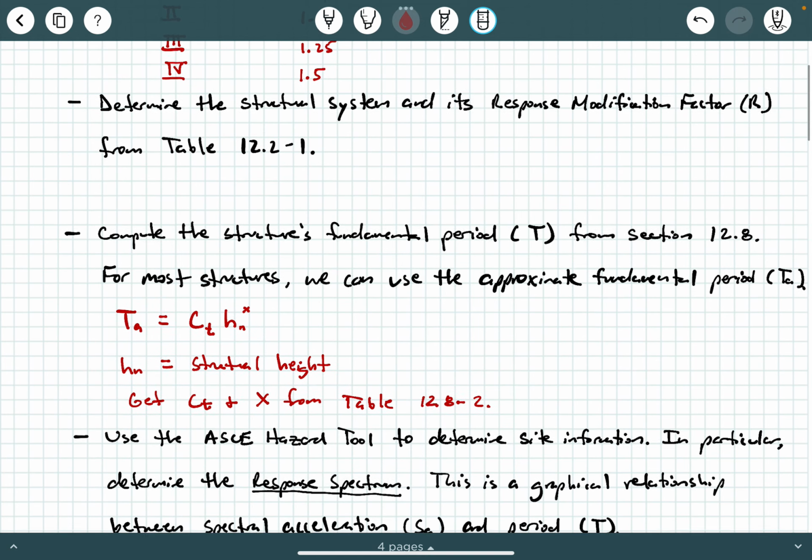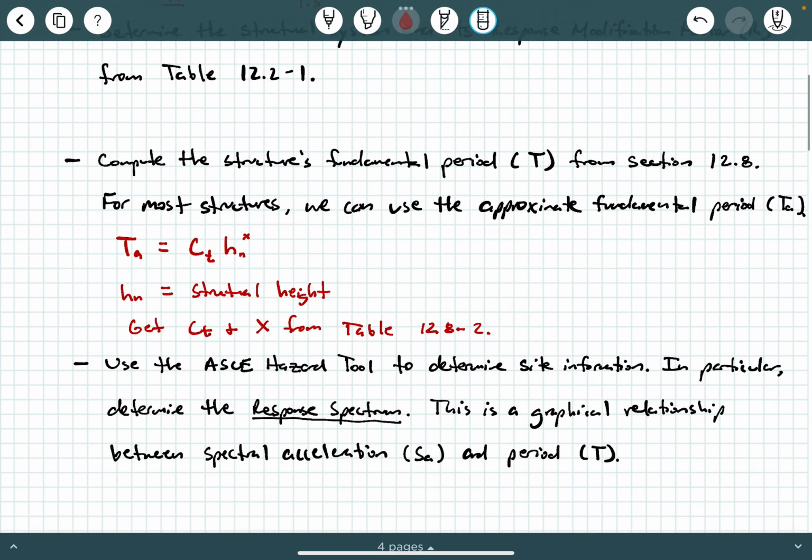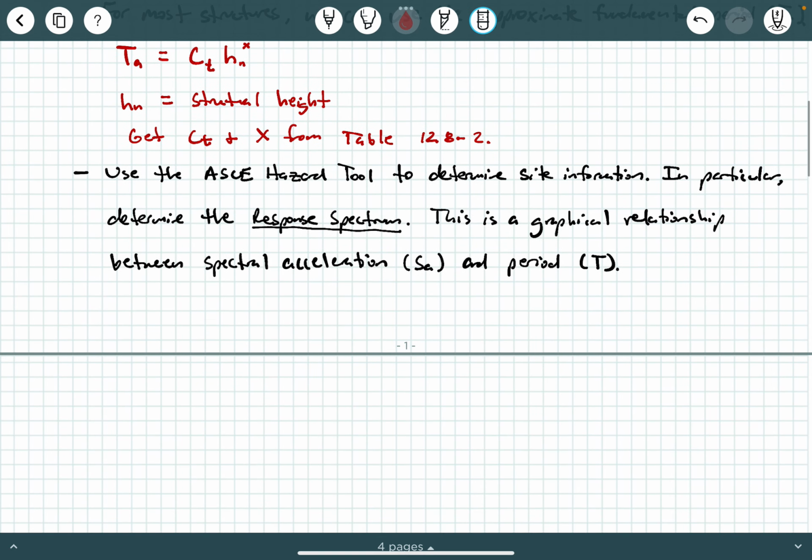The next thing we're going to do is something that we actually kind of talked about before in our site background video. We're going to use the ASCE hazard tool, okay? That's the online tool, produced and published by ASCE to determine the site information. And again, we talked about this in one of my other videos.